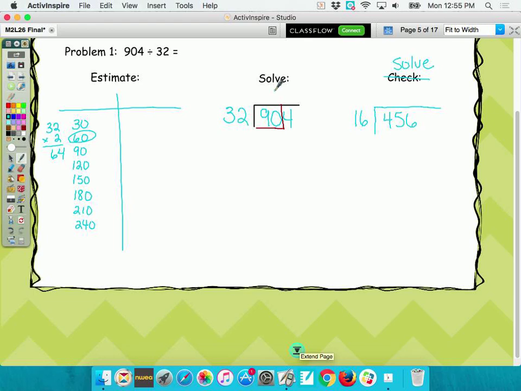Okay, so we'll write what above the 0? 2. And below the 90, what do I write? 64. 9 becomes 8. Good. So I have 10 minus 4, 6, and 8 minus 6, 2. Now before I bring down the 4, let's check. Will another group of 32 fit into there? No. So we're good. Bring down the 4.